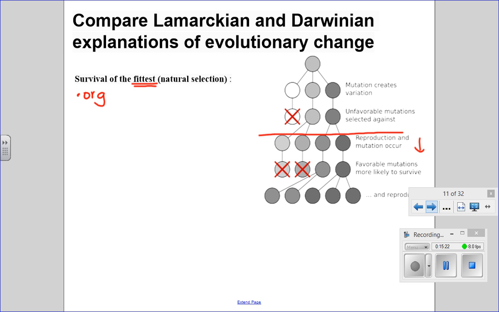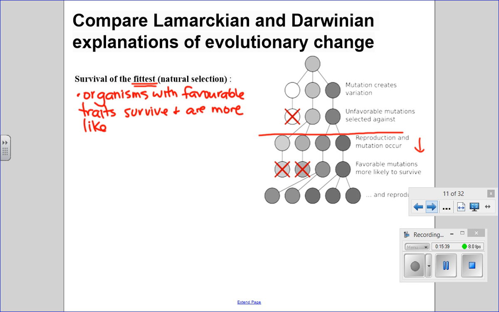So, organisms with favorable traits survive and are more likely to reproduce and pass on their DNA.